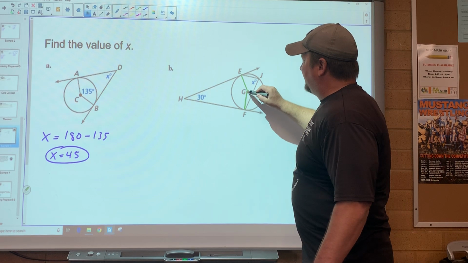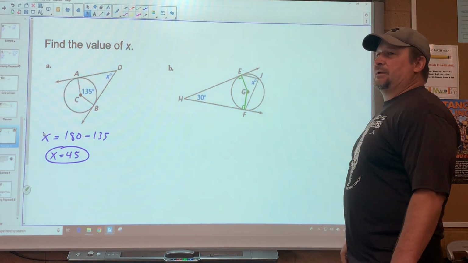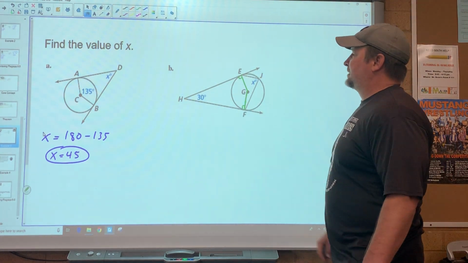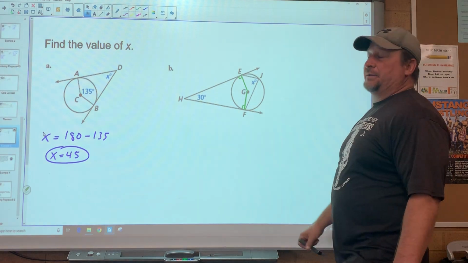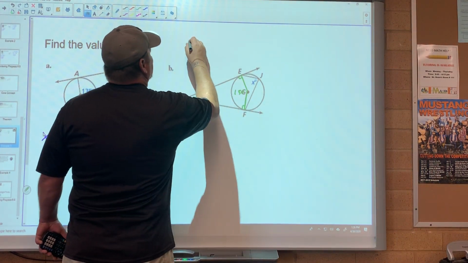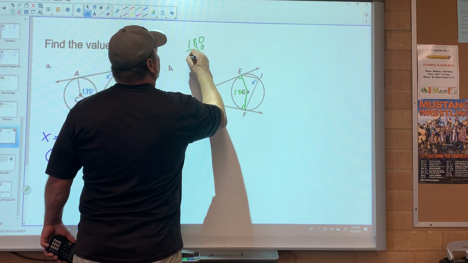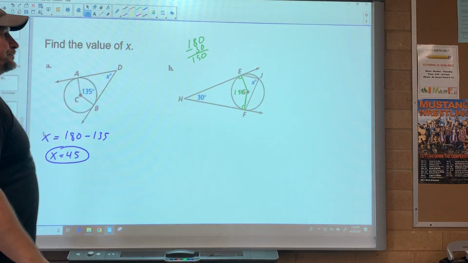Now, if I do that, I will automatically get 90 and 90. Automatically, because these two lines are tangents. So let's go find angle G here first, where the green lines are created, the central angle. So that'll be 150. 180 minus 30, 150. So now I have this. Okay?